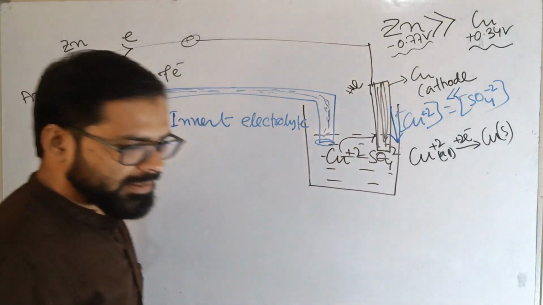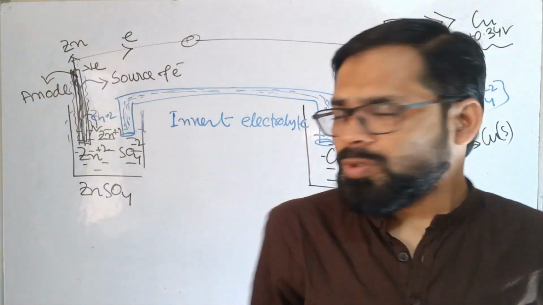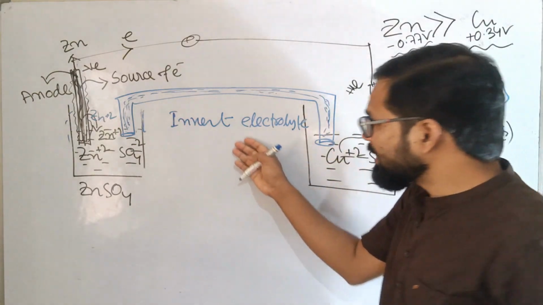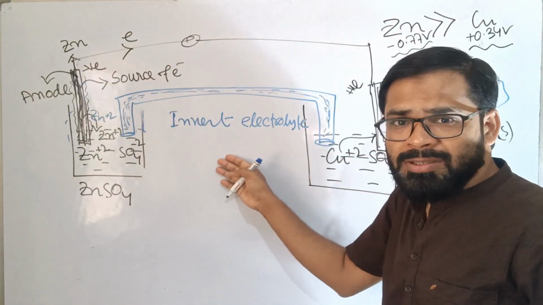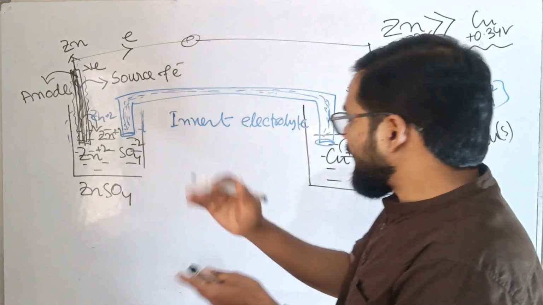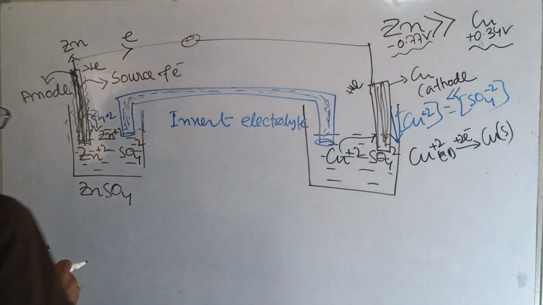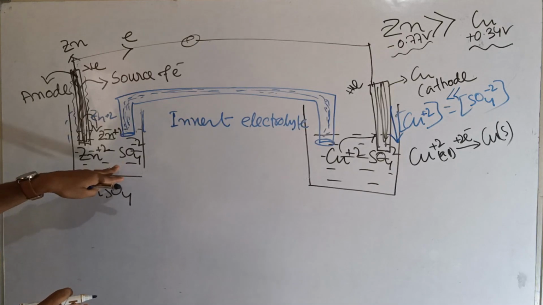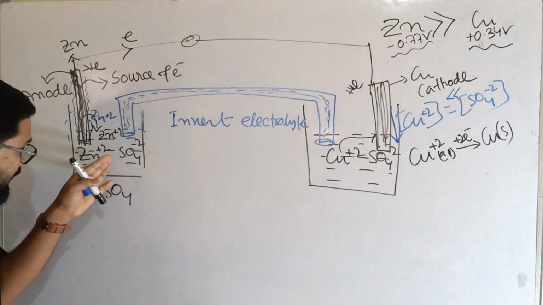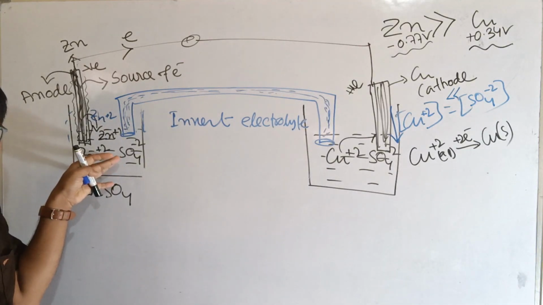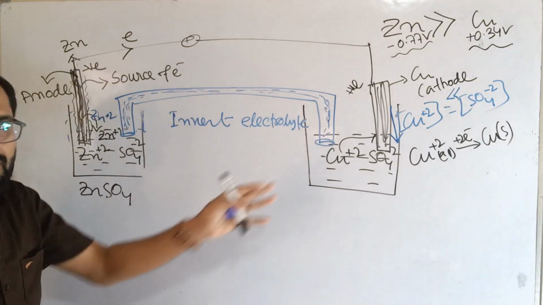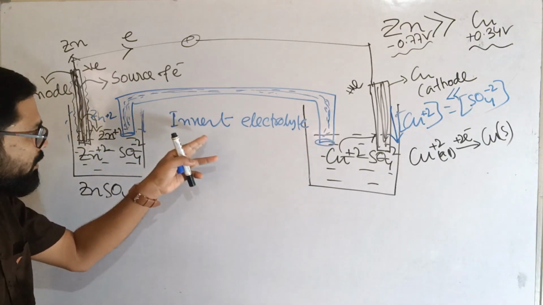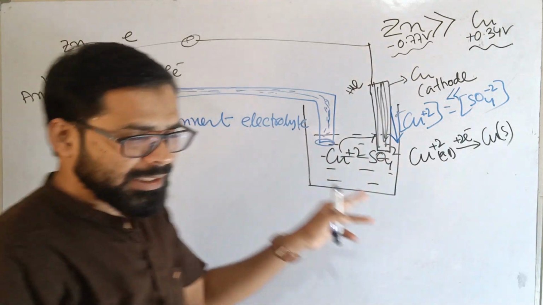So what is an inert electrolyte? We have to consider that in the electrolyte, those cations or anions will not participate in a chemical reaction in the anodic compartment or cathodic compartment. That's why we consider an inert electrolyte.